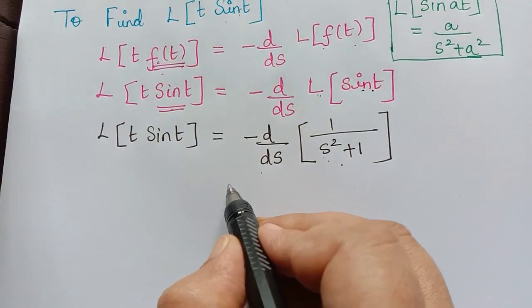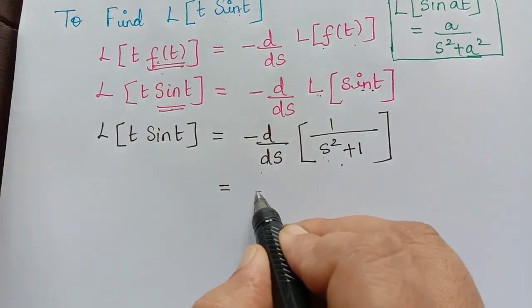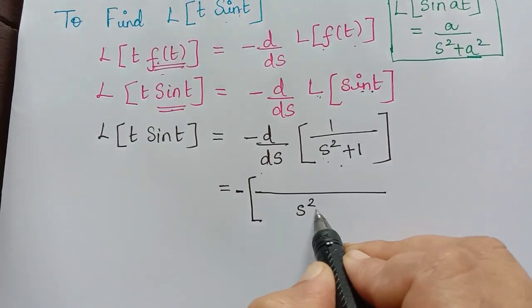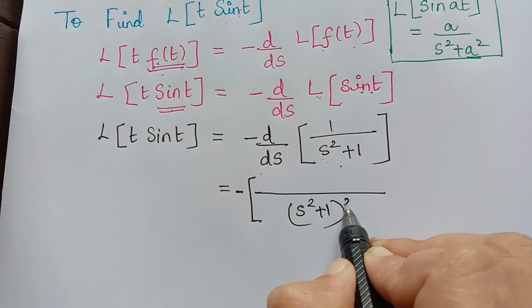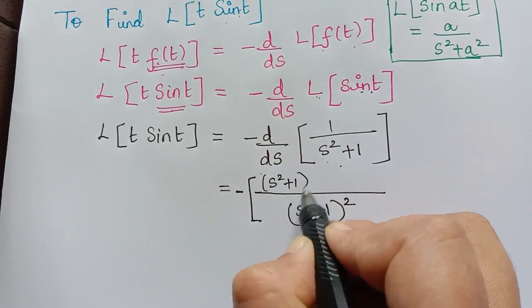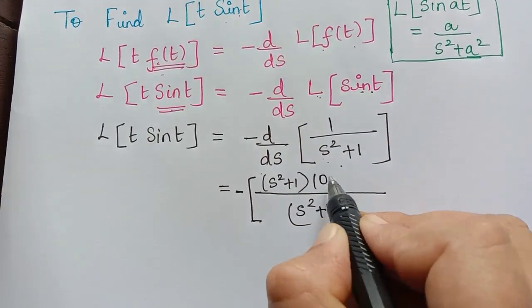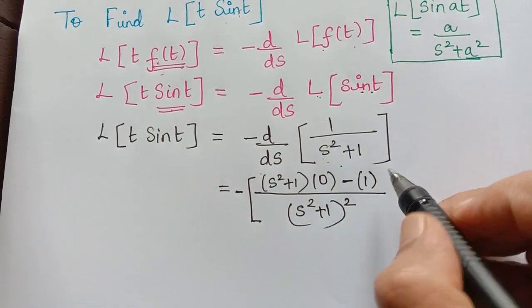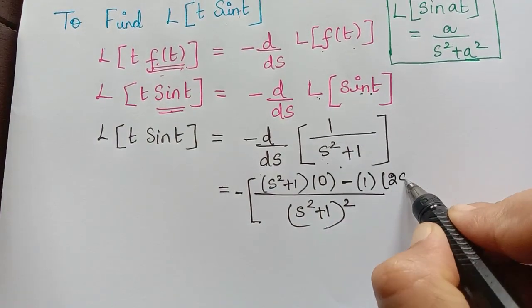If I use the u by v method, this will be equal to negative, with s square plus 1 the whole square in the denominator, and then v multiplied with u dash, the differentiation of 1, which is 0, minus 1 multiplied with the differentiation of the denominator, which is 2s.